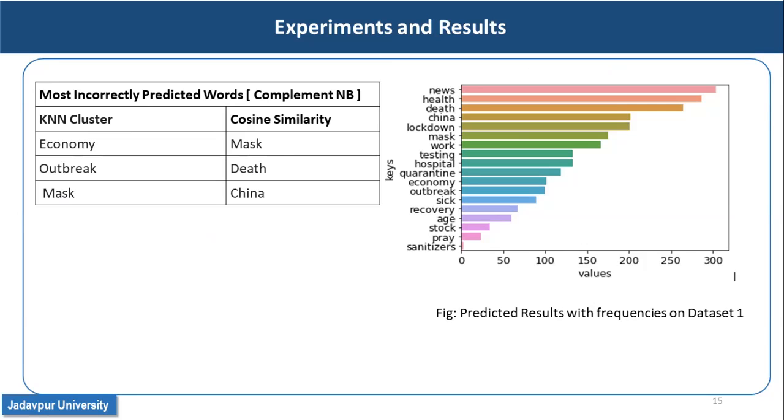And here are the predicted results with frequencies. For example, news has been present in 300 of the final label data sets, while health, date, etc. have been present in a high number of data sets, while sanitizers has been present in a very low number of data sets.